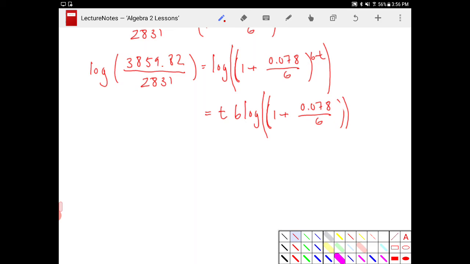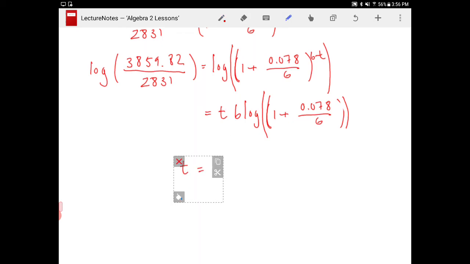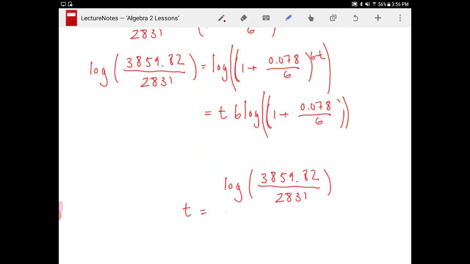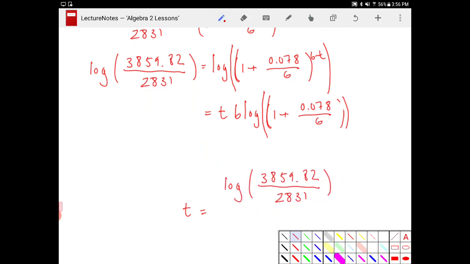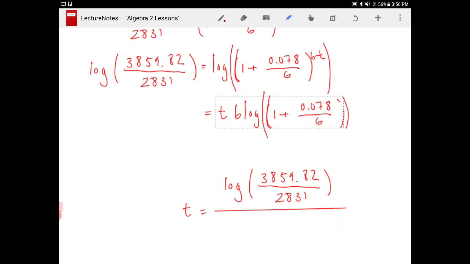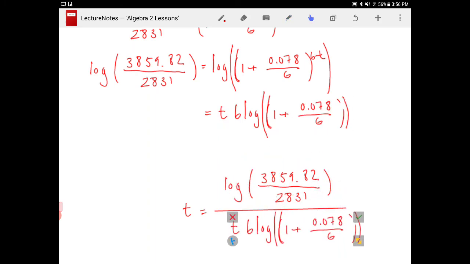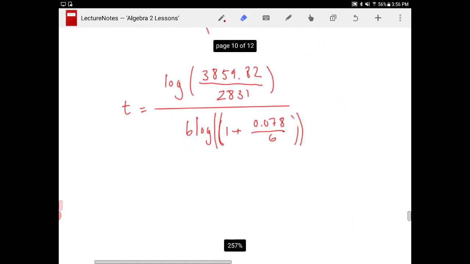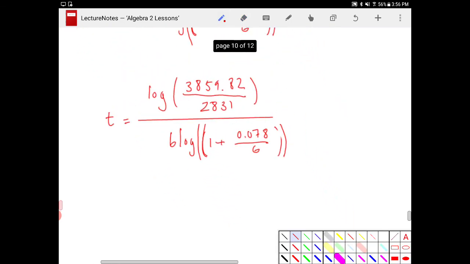If I divide both sides by that, I end up with t is equal to this whole thing divided by this whole thing, of course excluding t. So this is the value that I need to enter, and actually this is the exact answer here.